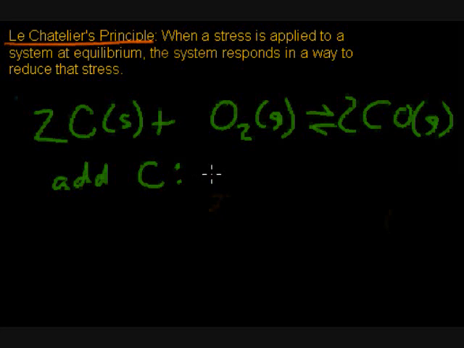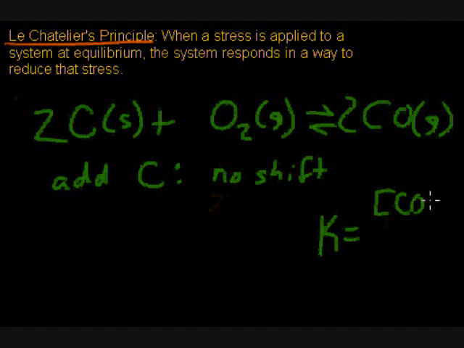And the tricky answer is, there's no shift. And remember, solids and liquids do not affect equilibrium. Because their concentration is constant, adding more carbon does not change the concentration of carbon. And so if we look at the equilibrium expression for this, K equals the products, which is the concentration of carbon monoxide, squared, because that's its coefficient, divided by the concentration of oxygen to the first power, because its coefficient is 1.